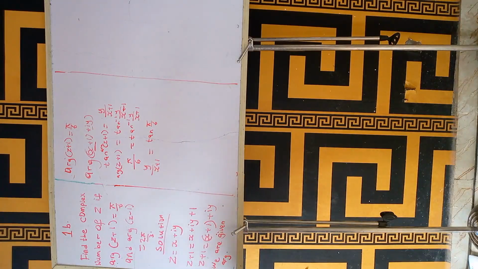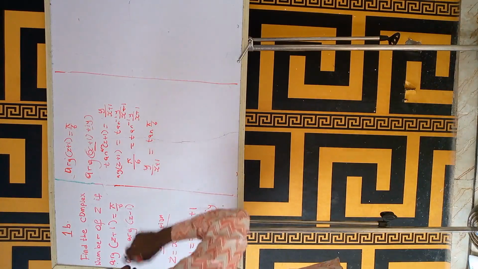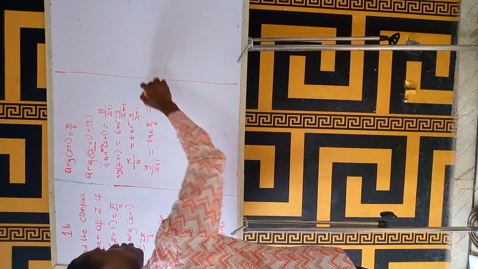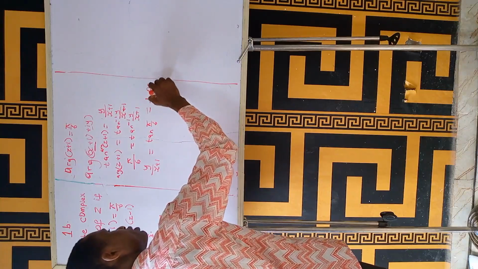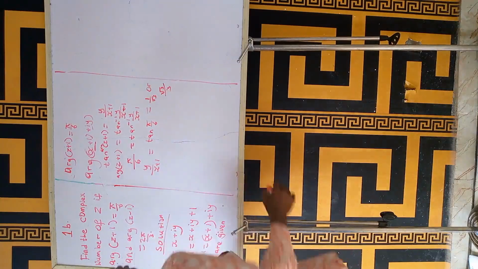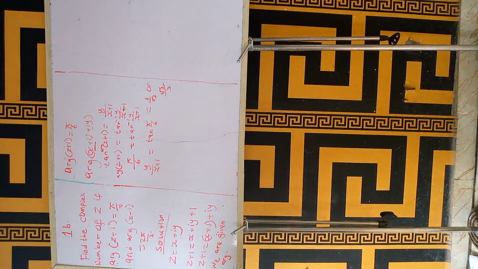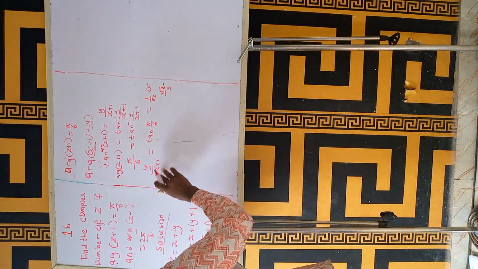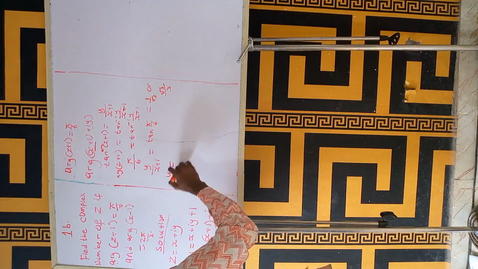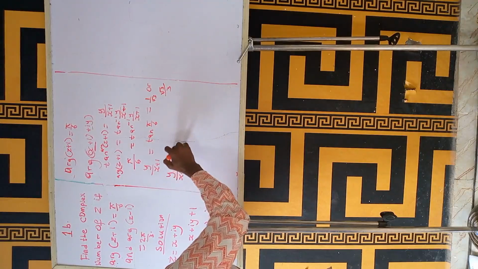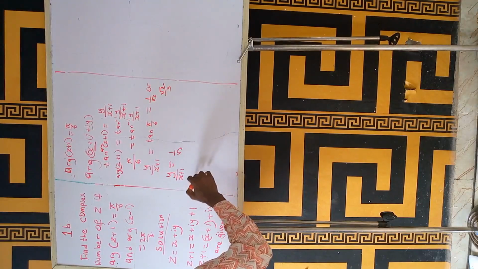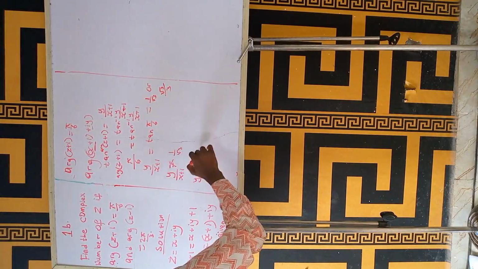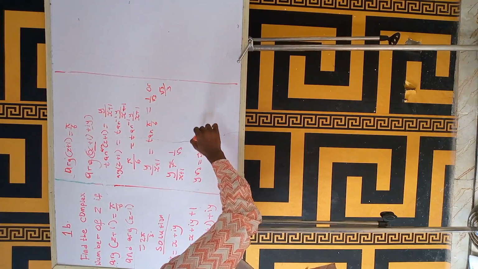And tan 30 is 1 over root 3, or root 3 over 3. When I have y over x plus 1 equals 1 over root 3, I will have y root 3 equals, when you cross multiply, x plus 1.